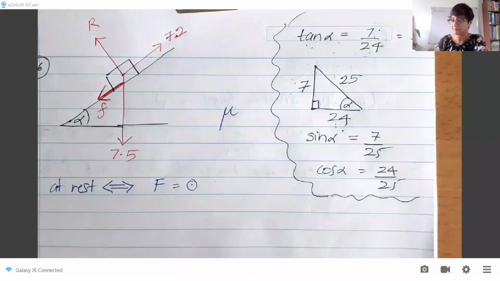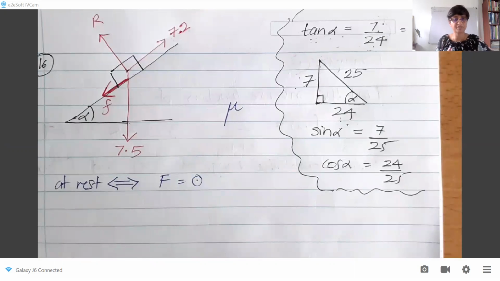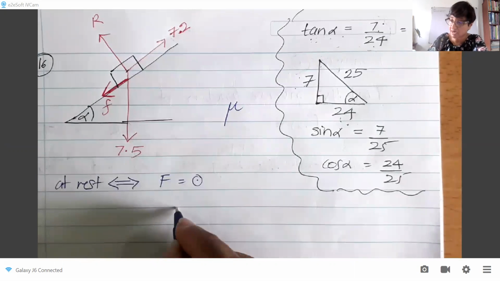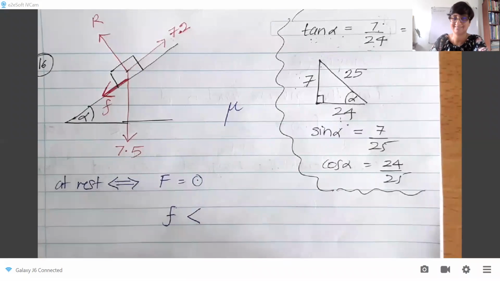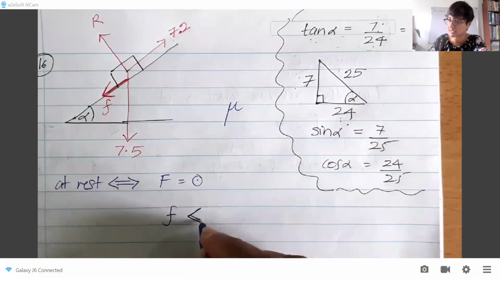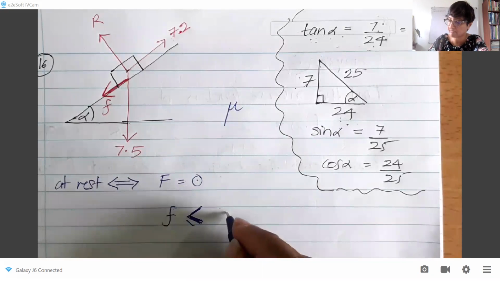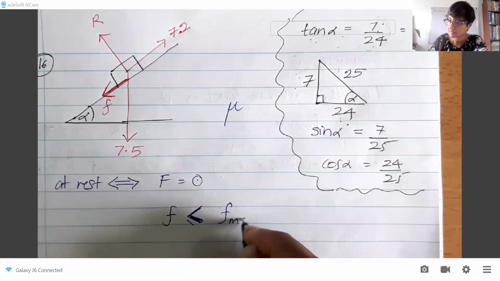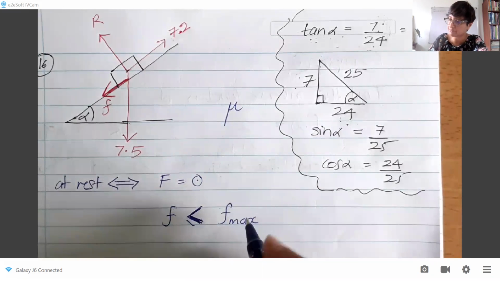So this is just F. So I can immediately say that this F that I have marked here is less than F max. Less than or equal to. Let's put the equal to as well. F is less than or equal to maximum friction.